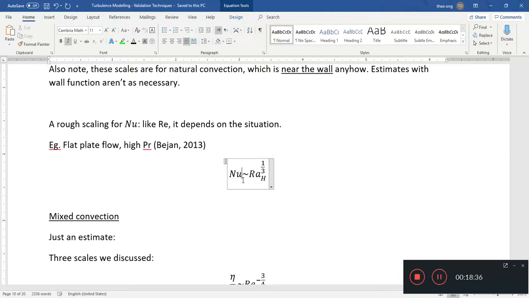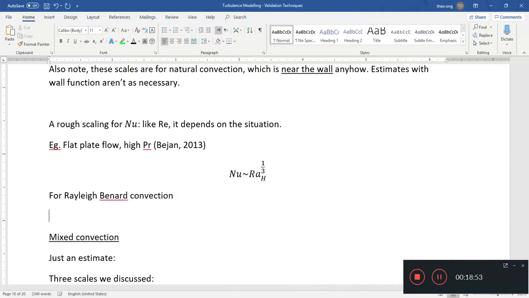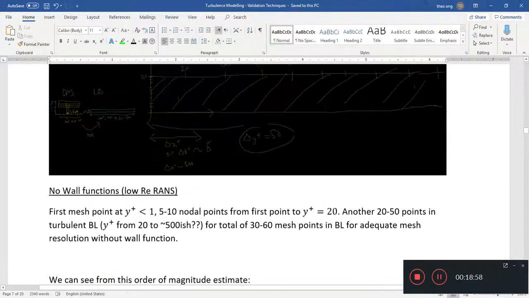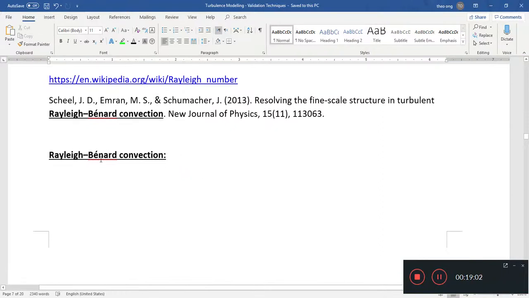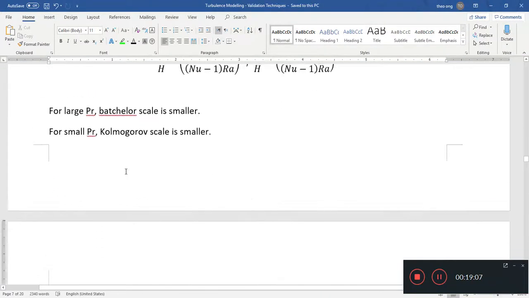And actually for Rayleigh Bénard convection, I think I spelled it wrong again. Okay, Bénard, it's a close enough spelling.